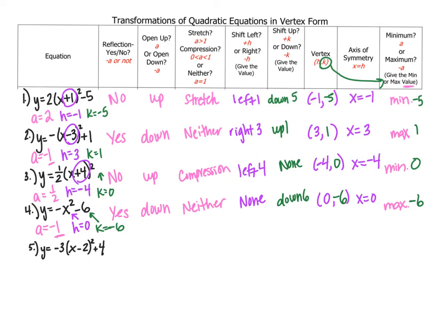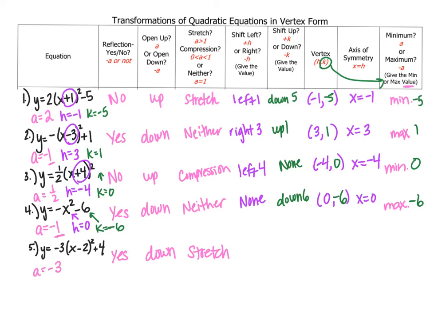All right, last one. Hopefully by now you've probably already passed me up and you're already going along here. We've got an A to be -3. It is negative, so that means yes, it is going to reflect, which means it's going to be opening down. There's a 3, so I actually will also have a stretch. Now this is where some people might get confused because you're like, wait, -3 is not greater than 1.